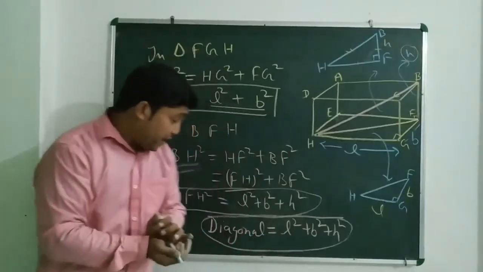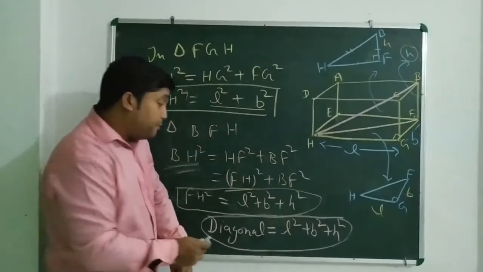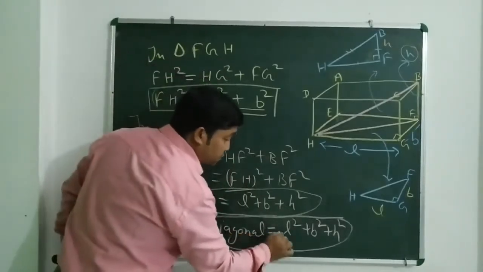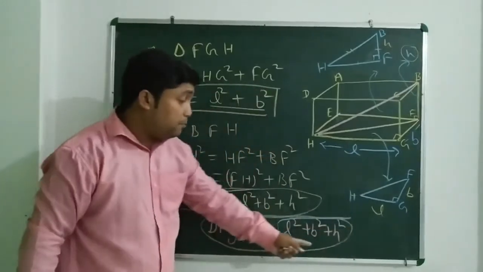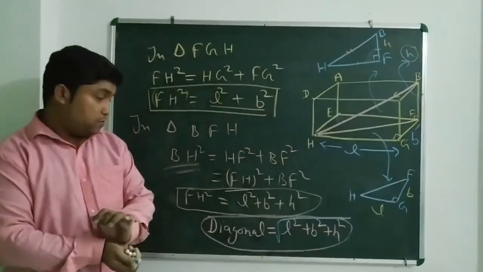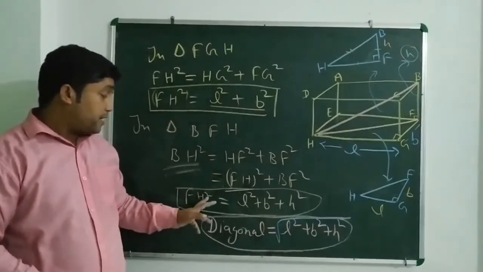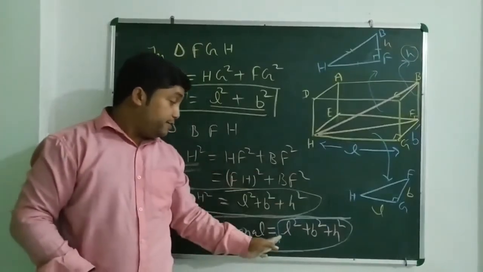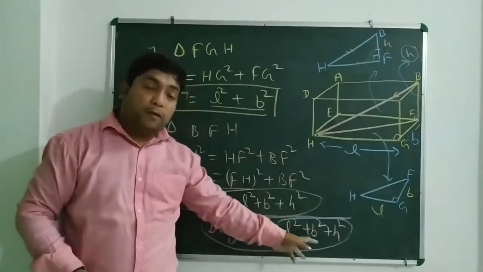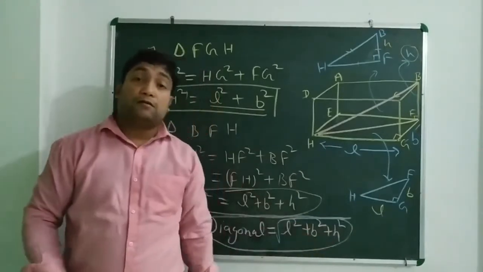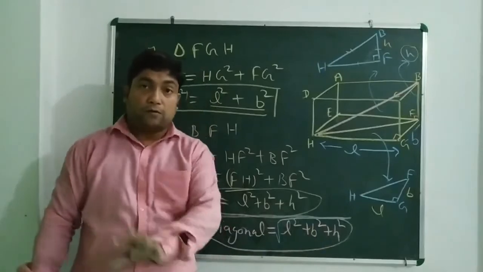You just find the diagonal. Diagonal is equal to the square root of length square plus breadth square plus height square, because when you transfer the square to the right hand side, you get the square root.